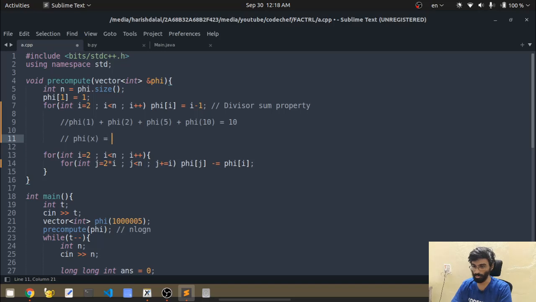So for x, phi of x will be x subtracted by phi of all the factors of x excluding x. So the time complexity for which is n log n. You can read about this more on the CP algorithms website.